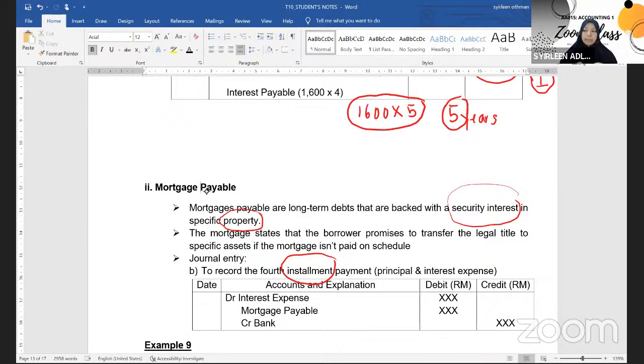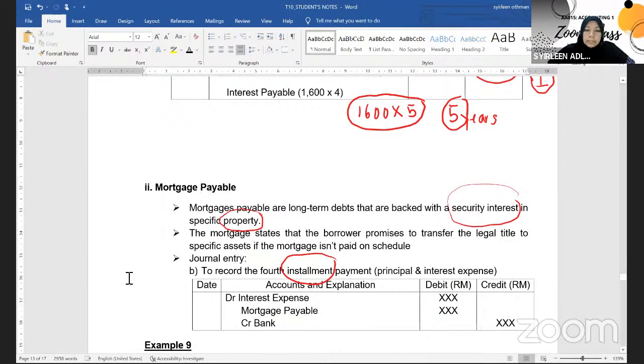So every month you are paying one amount which consists of your principal and your interest expense as well. So here we have no interest payable because we pay directly. If before the closing date, which is the date we pay the mortgage, that means there is no interest payable. Interest payable only arises when you cannot yet pay the expense whenever the expenses are incurred.